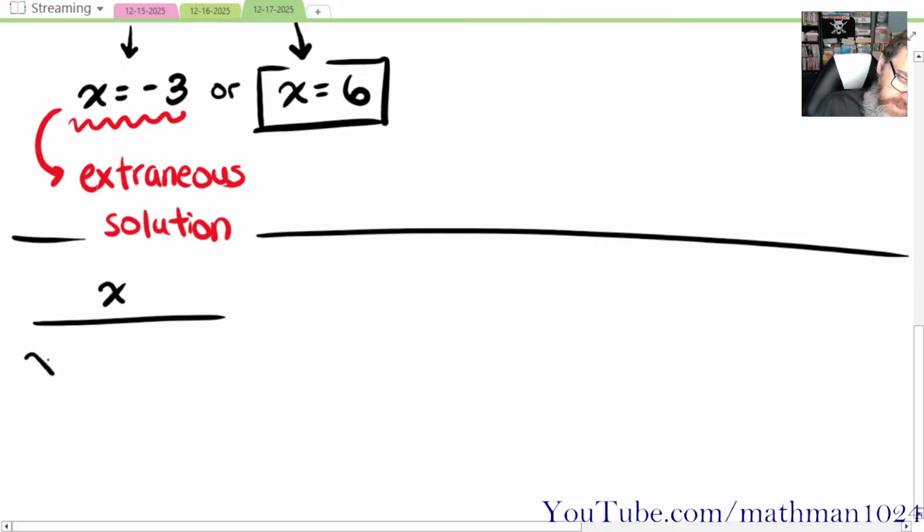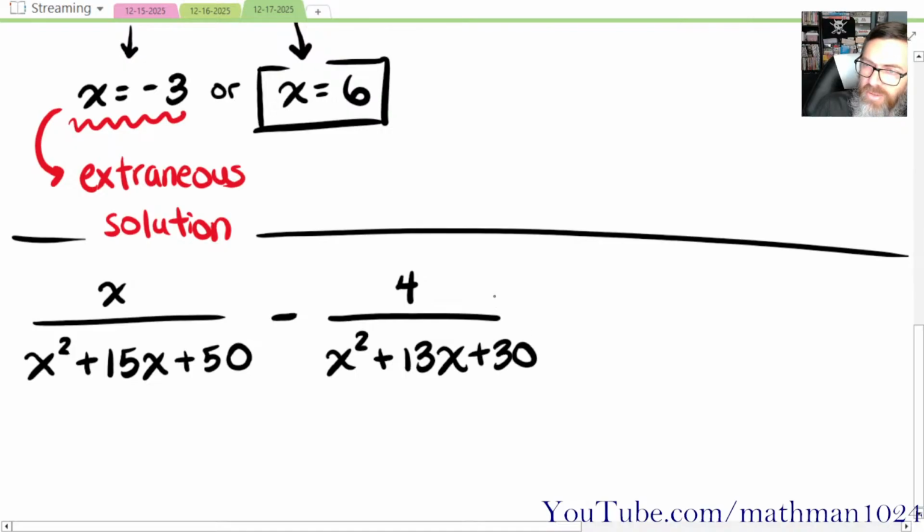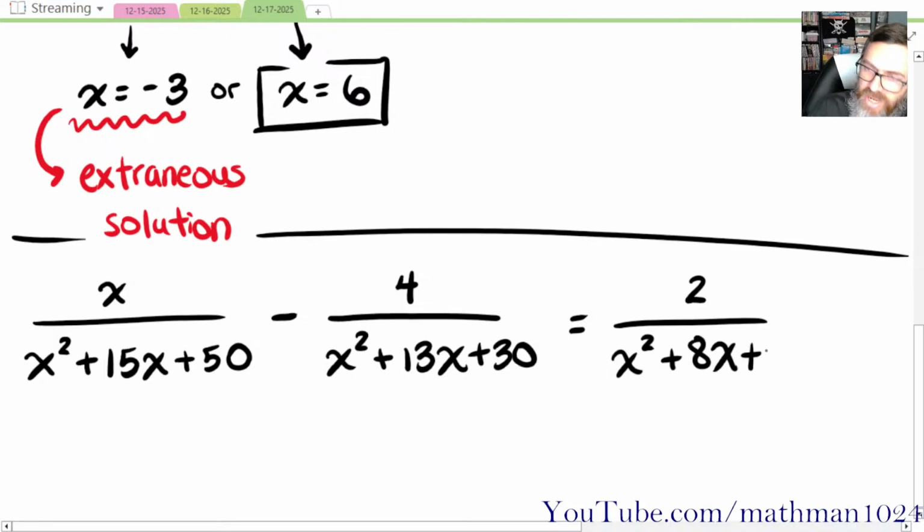Let's take x over x squared plus 15x plus 50, minus 4 over x squared plus 13x plus 30, equals 2 over x squared plus 8x plus 15.